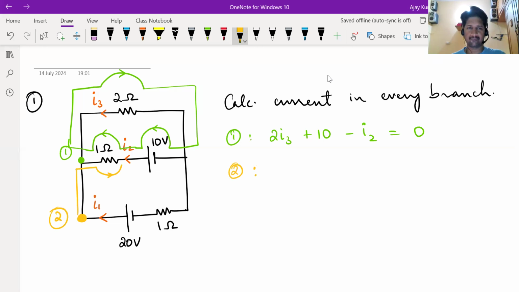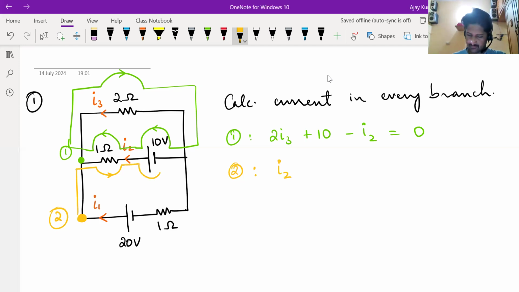We are moving in the direction opposite to the current, so it will be plus 1 times I2. So simply I2. Okay.